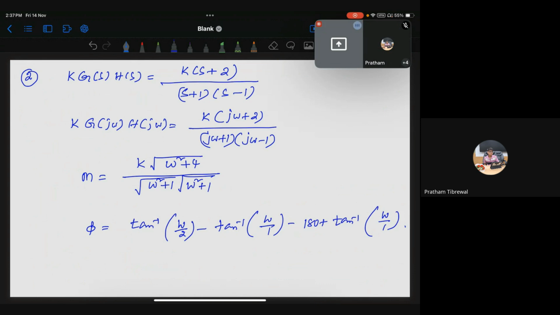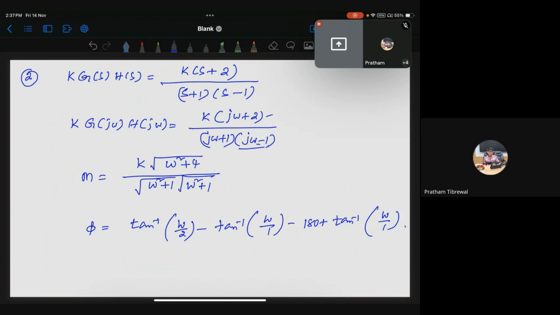Hope this is clear. The first term is from the numerator, the second term is tan inverse omega by 1. The 180 came because this point is in the second quadrant. So these are the magnitudes and phase angles.